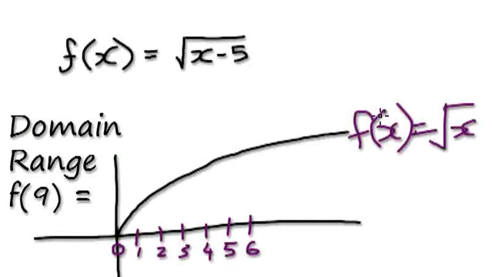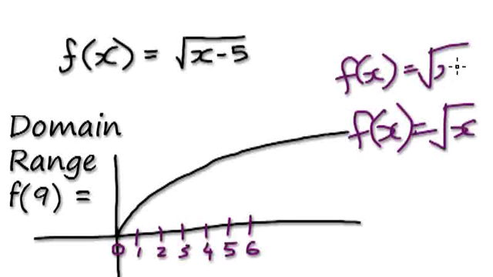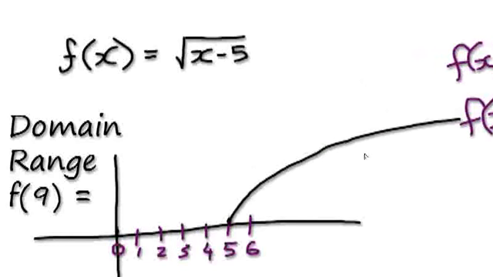But when you want to investigate what happens when you have f of x equals root x minus 5, it will look like this. It moves across like this. So it starts working again when x gets to 5.